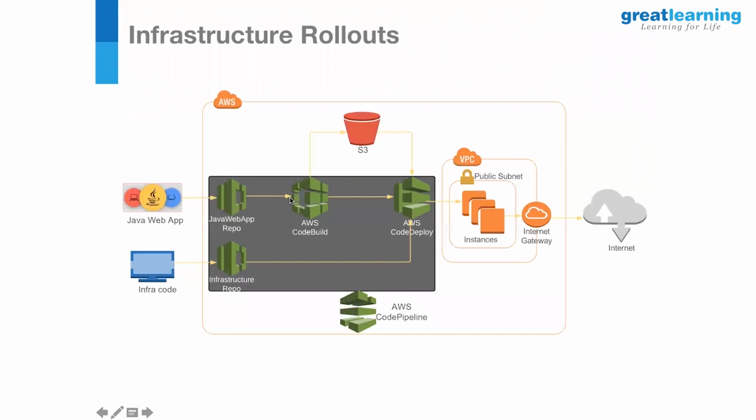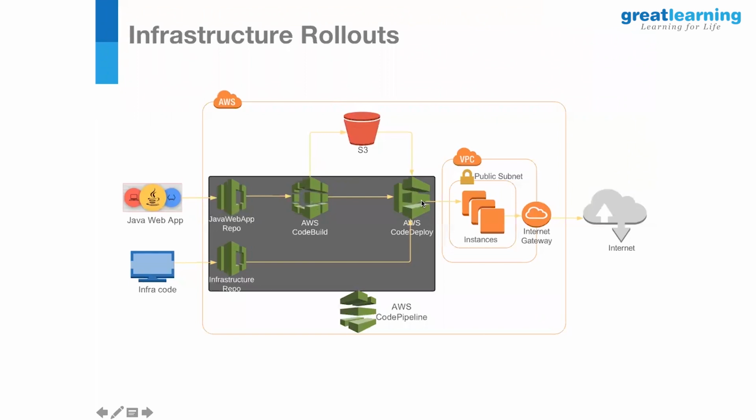In case of the Java application, it goes to CodeBuild, where I compile it, create an artifact, and store it onto S3. And from S3, this is picked up, and then as part of CodeDeploy, we do 2 things. Here we have 2 actions.